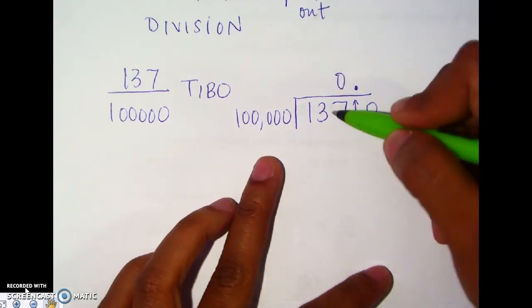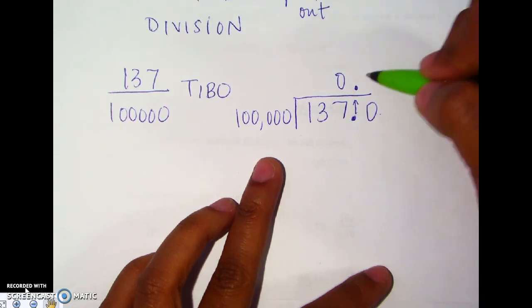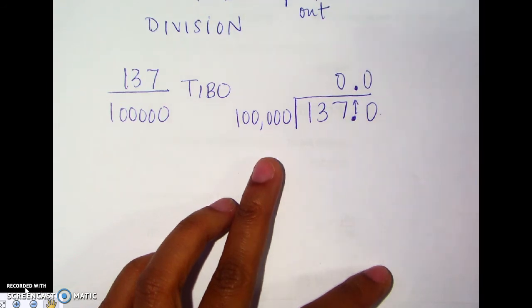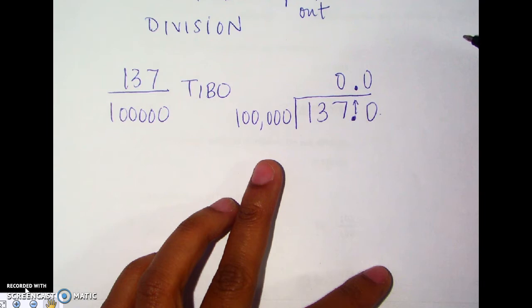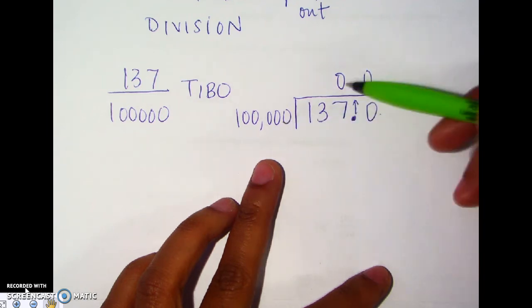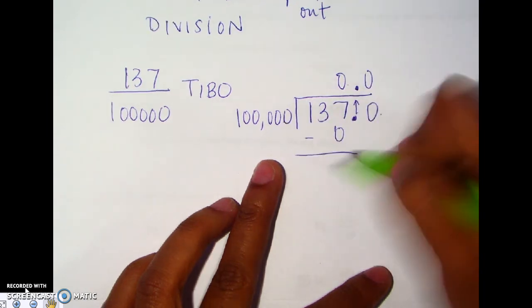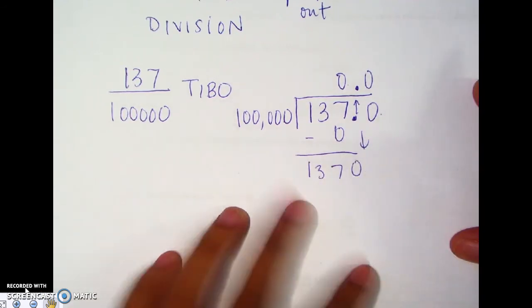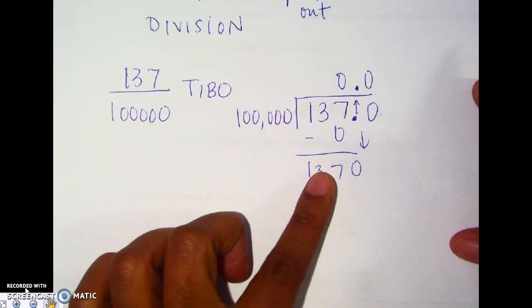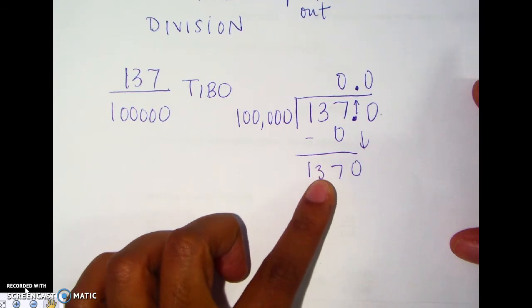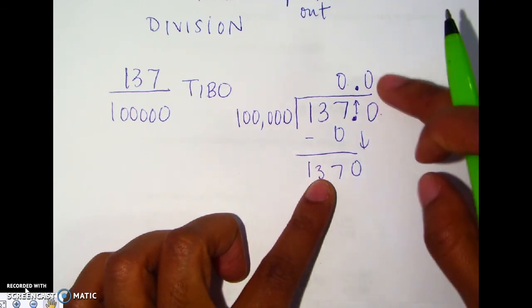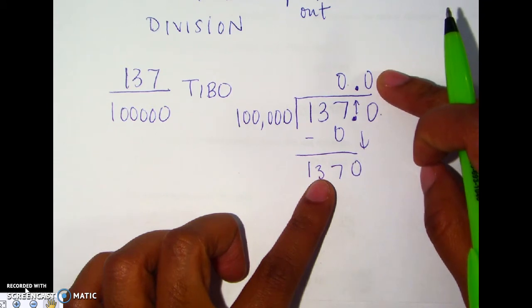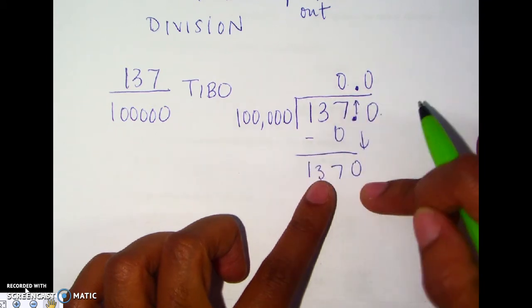100,000 cannot go into 1,300, so I'll put another 0 here. If you want to see a little more steps, I would do 100,000 times 0, subtract from 137, bring down. Again, I couldn't do that. 100,000 into 13,000 or 1,370. So here, put another 0, because I can't go into here.